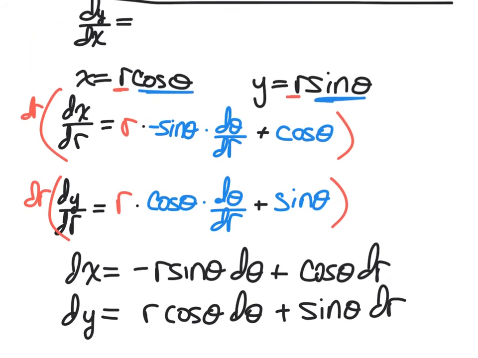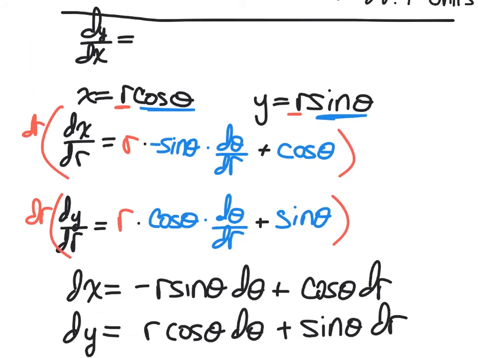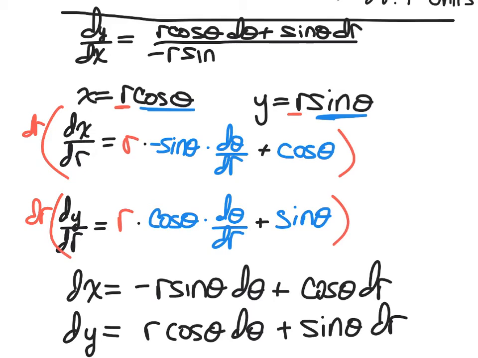All right, so that could give me my derivative. This is right back to unit 1, where I would say my derivative is r cosine theta d theta plus sine theta dr over negative r sine theta d theta plus cosine theta dr. That's where we've been.